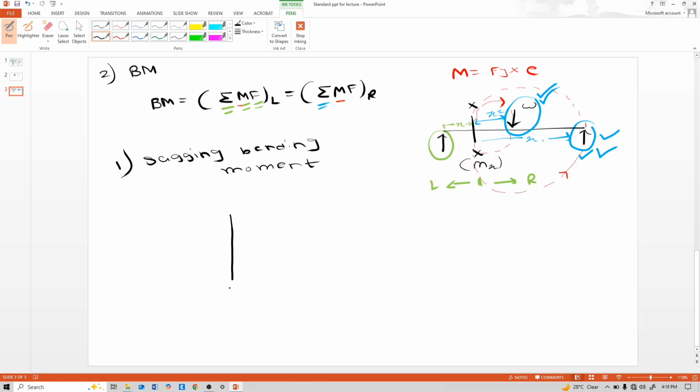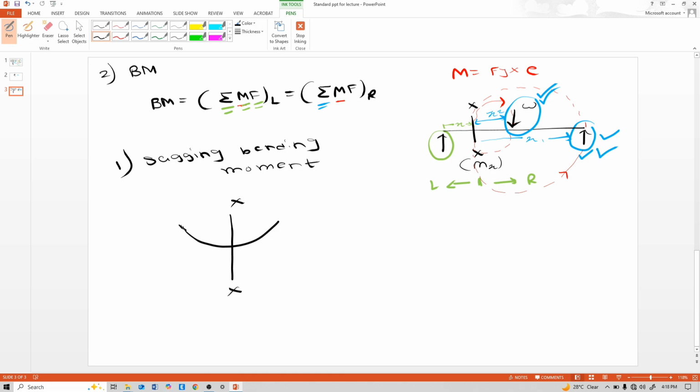This is XX section, and due to loading this section bends, and this bends downward because of this loading is vertically downward.